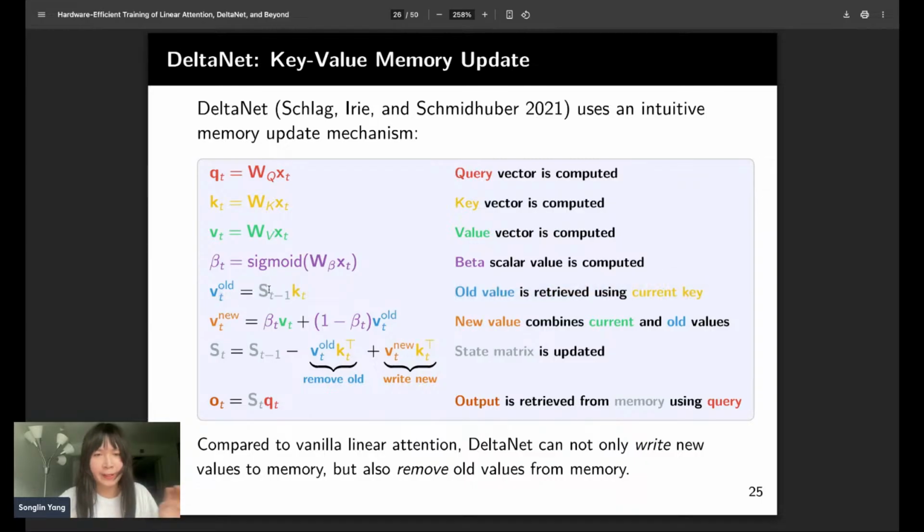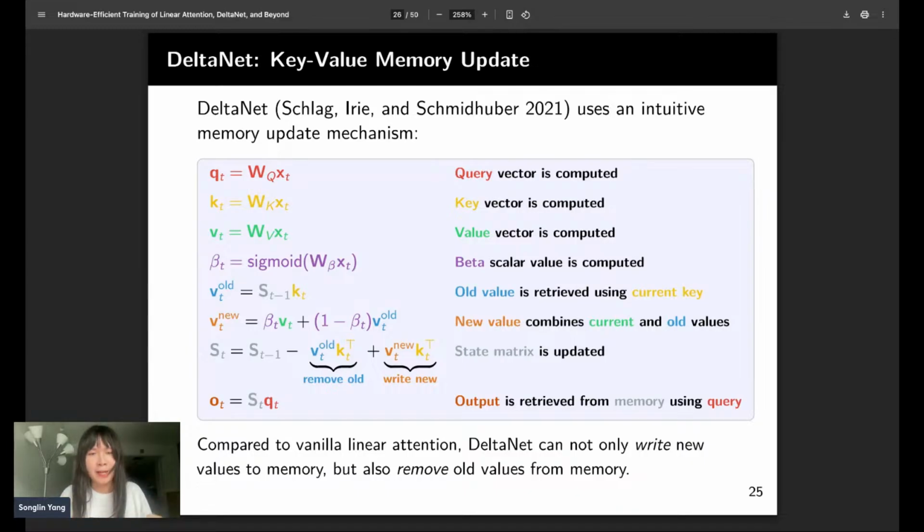So we use this input key to retrieve the associated value from this recurrent memory. And then the model dynamically decides whether to use the new associated value, which is the input value colored in green, and we also have some old associated value colored in blue.